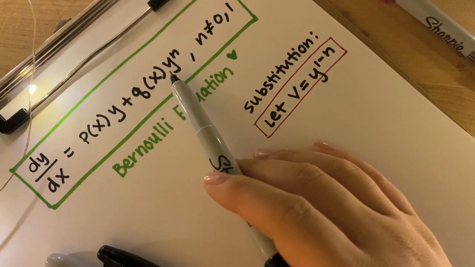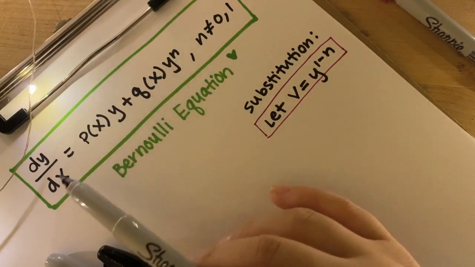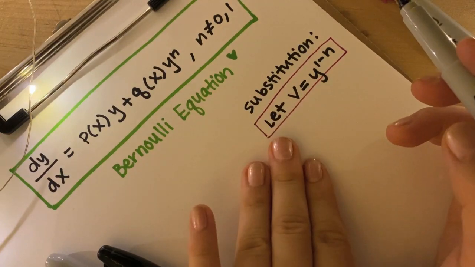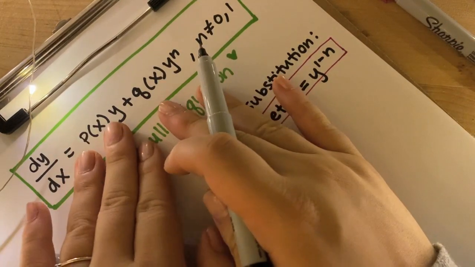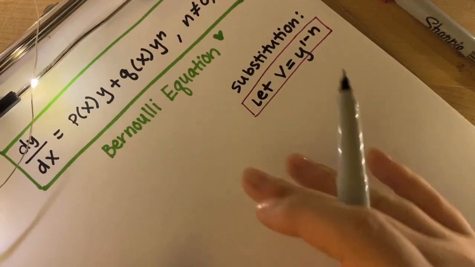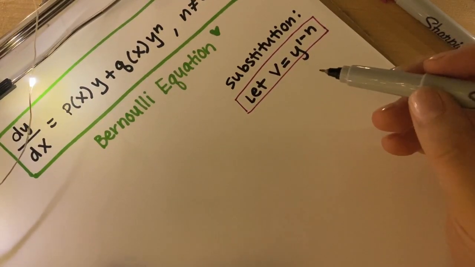I recommend remembering for Bernoulli to just divide by y to the n on both sides, and you'll get to the same thing. It'll make more sense when we have a specific function of x here and here, but I just wanted to point that out.